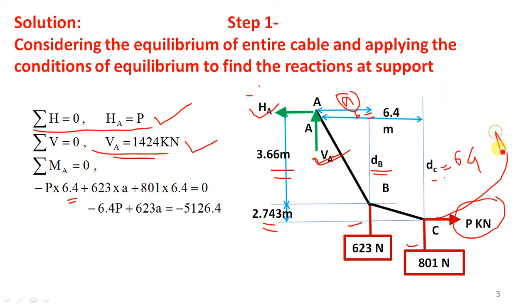P will create the moment in the anti-clockwise sense, therefore I have assumed the sign minus. Anti-clockwise is minus; you can choose the sign as per your convenience. So minus P into 6.4, and 623 into this distance A, and 801 into 6.4, and the sign is positive because it will create the moment in clockwise sense.